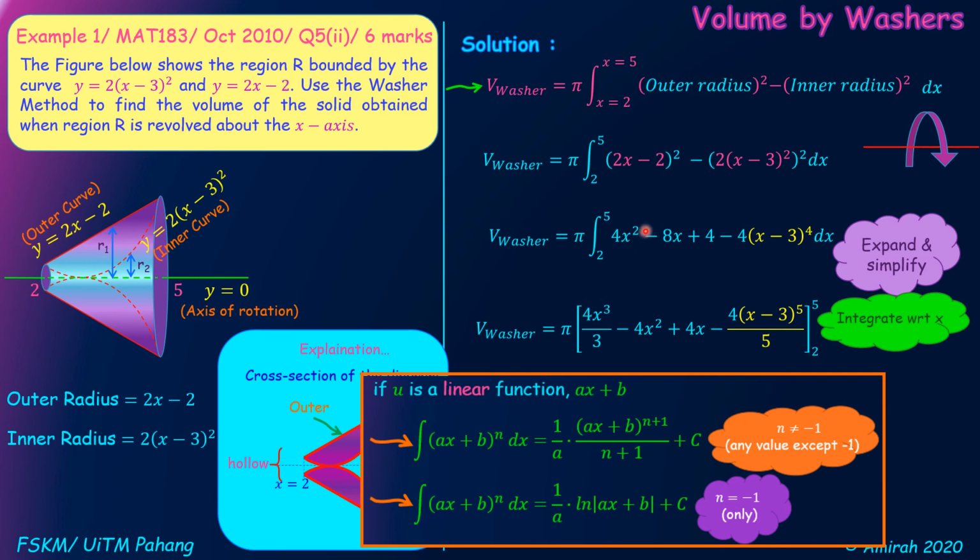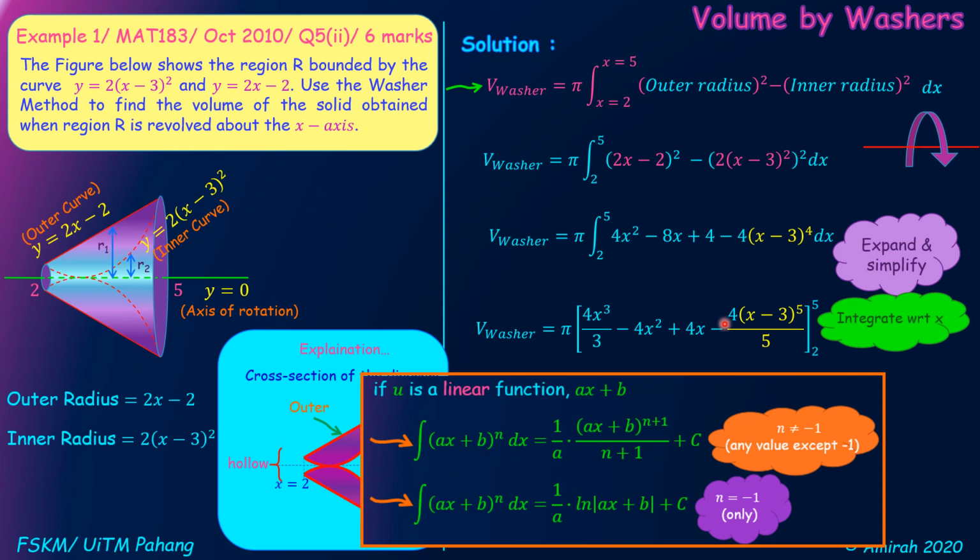After we integrate, we get pi times a square bracket. We still have 4 here, and we integrate x squared using the power rule, so we get x cubed over 3, minus 8 times x squared over 2. The 2 here simplifies with 8, which is why we get 4x squared. Then plus, we integrate the constant with respect to x, we get 4x. We still have the multiplication by 4 here.